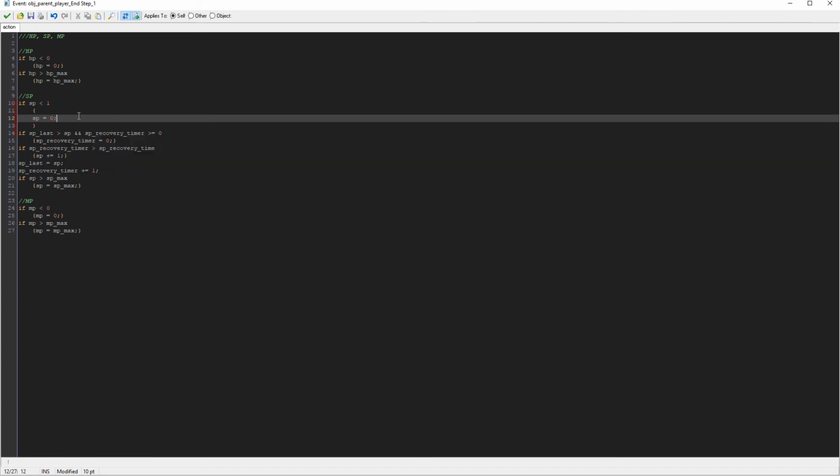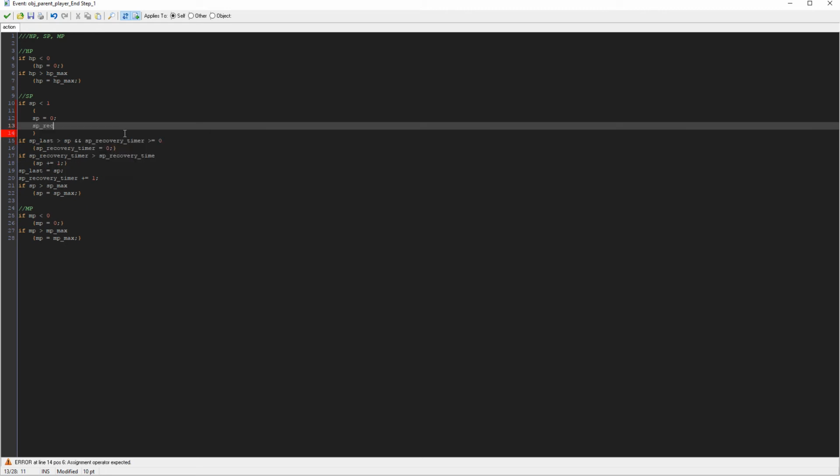God, that's irritating. And SP recovery timer is equal to -30. There we go. No, that's not right, because then it'll just keep on resetting to negative 30.